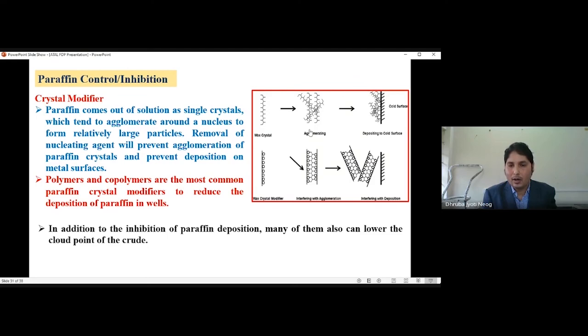So this building network has to be damaged by adding a crystal modifier. Polymers and copolymers work as paraffin crystal modifiers that can reduce the deposition of paraffin in wells. In addition to inhibiting paraffin deposition, many of them can also lower the cloud point of the crude. So this method works suitably in the prevention of paraffin deposition.